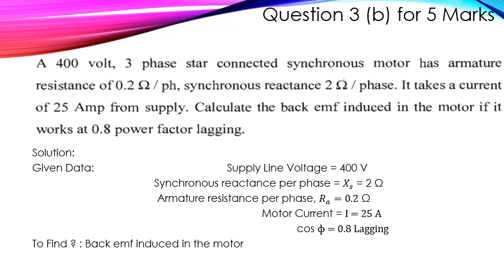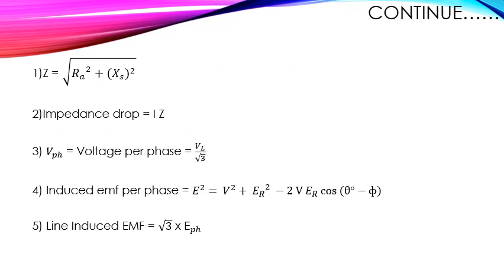Okay, first we'll see the given data: supply line voltage is 400 volt, synchronous reactance per phase X is 2 ohm, R is 0.2 ohm, current is 25 ampere and power factor is 0.8 lagging, and we have to determine the back EMF induced in the motor at 0.8 power factor lagging. Then the equations to be used here: impedance equal to square root of Ra square plus X square.